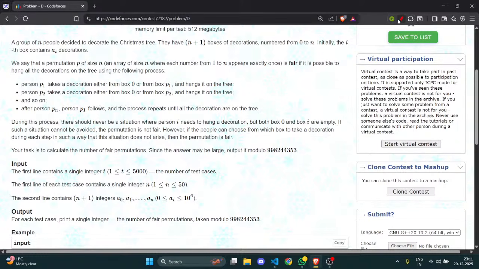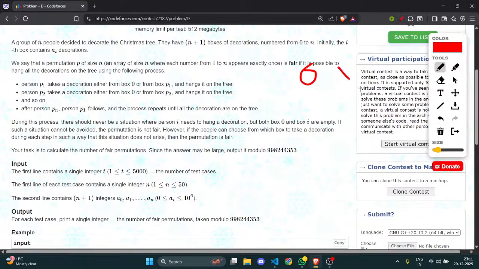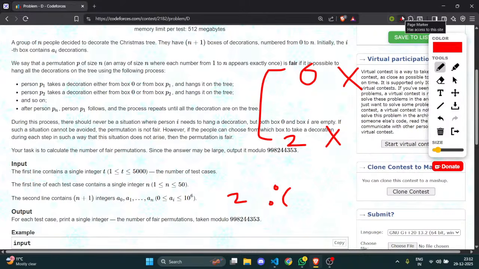So if I say that person 2 is not able to take either from box P1, from box P2, or from box 0, which means box 0 is also empty and box 2 is also empty, which means that person 2 is sad, which means he can't decorate the tree, and this permutation is bad. The choice of permutation is bad and we should avoid it.